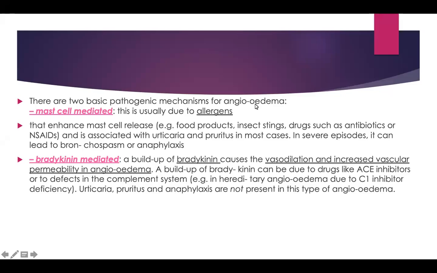Both are angioedema, but mast cell mediated has precipitating allergens and is associated with bronchospasm and anaphylaxis. It can also present with urticaria and pruritus in most cases. The bradykinin mediated is not; it is just angioedema, which could be the hereditary type or due to ACE inhibitor.